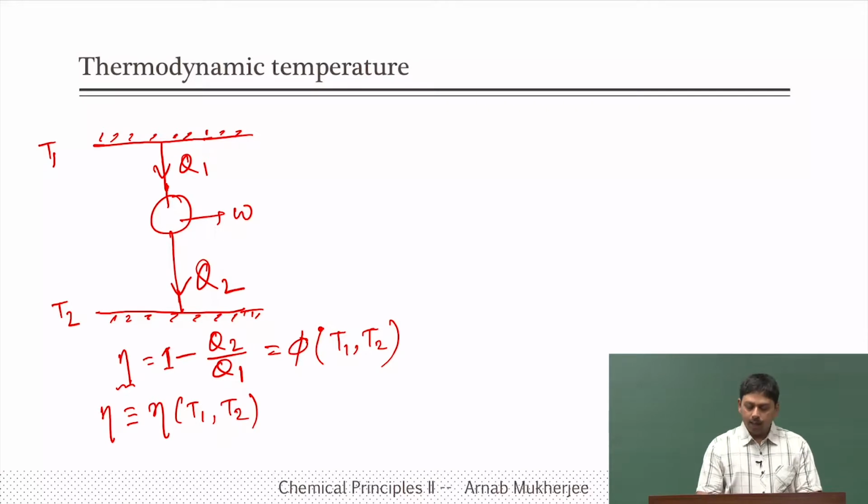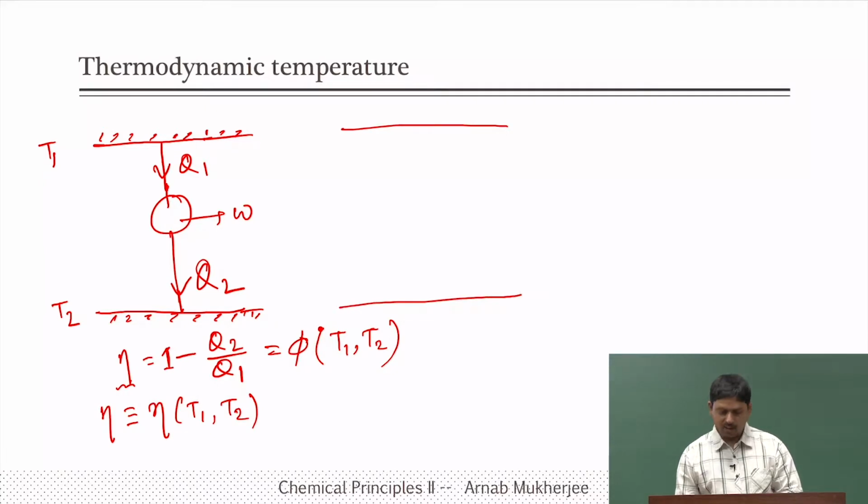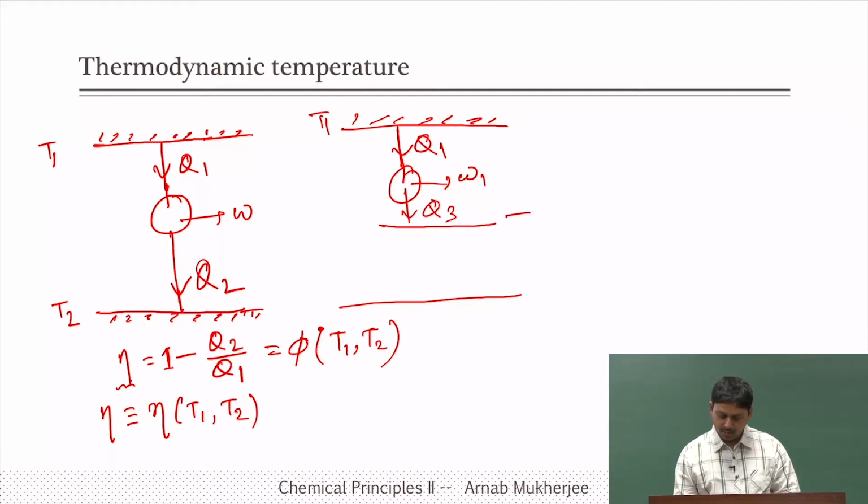Okay. Now, let us construct another engine, a combined system where two engines work simultaneously. Heat Q1 is taken in from high temperature, some work is being done and Q3 is thrown to an intermediate temperature reservoir T3.